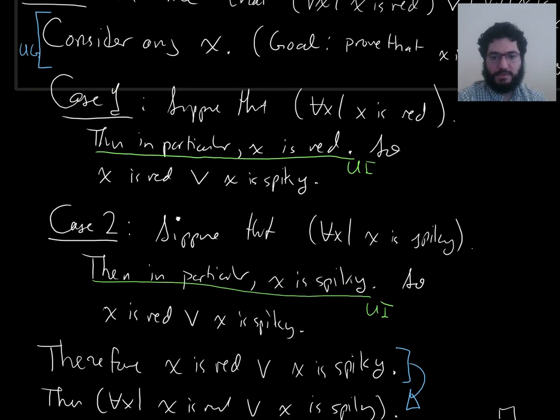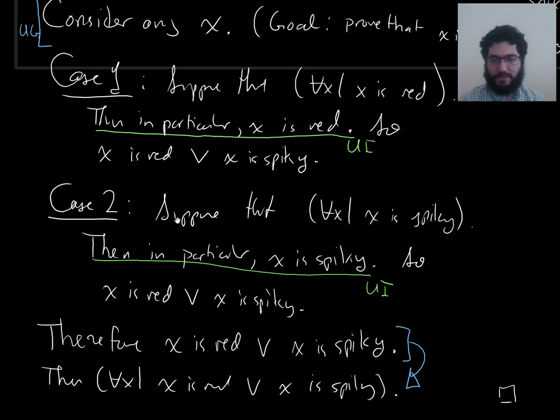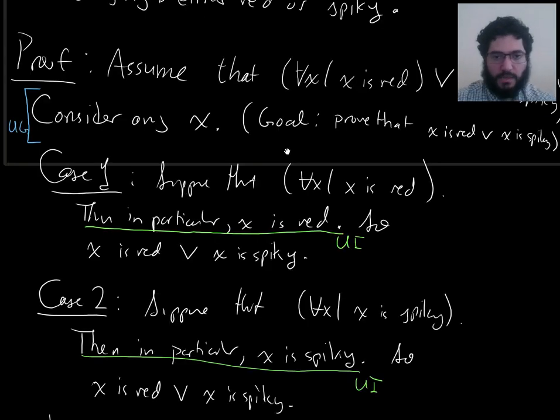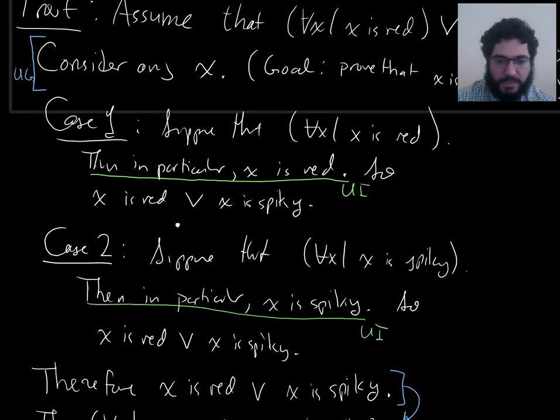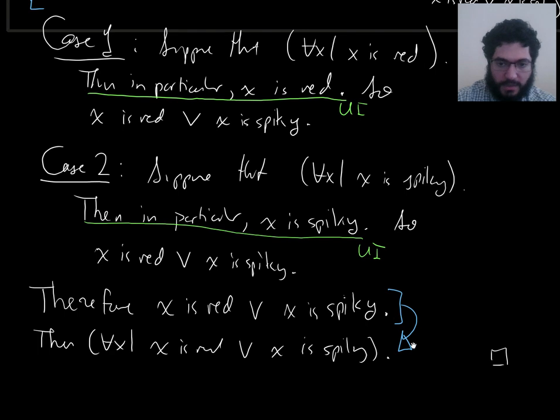Okay, I also want to give you a way of thinking about the four basic quantifier rules. So the blue brackets here, the UG, what it enabled is going from X is red or X is spiky to for all X, X is red or X is spiky.